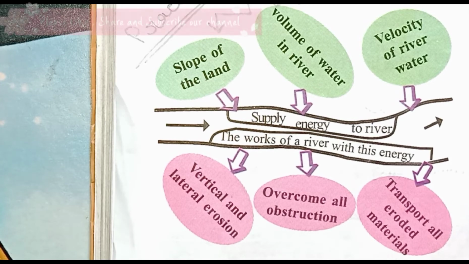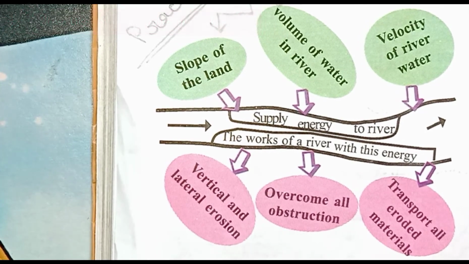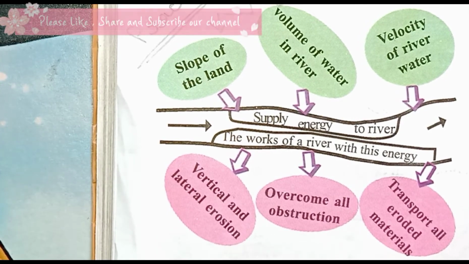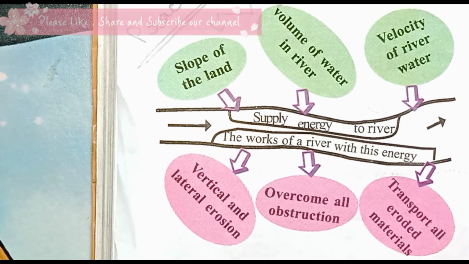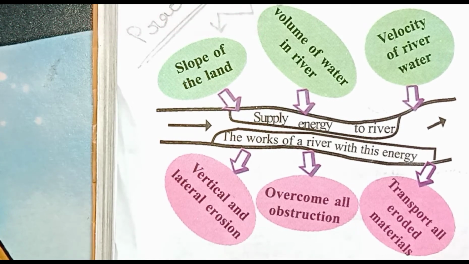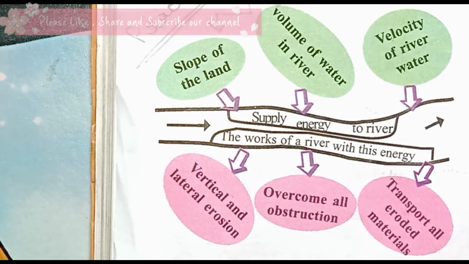In this part the river slows down its flow, and that's why it drops the eroded materials on or beside the channel. We call this river deposition.